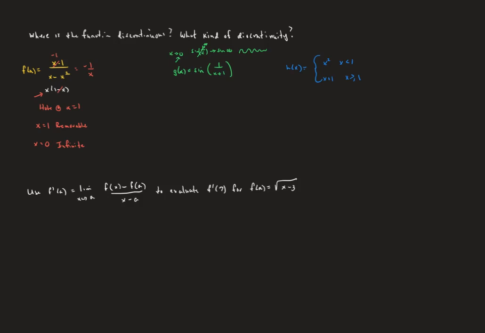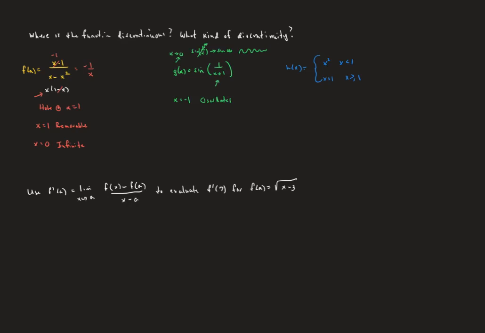So what happens with our sine of 1 over x plus 1 is that oscillation has been translated to x equals negative 1. Then that is going to be discontinuous because the limit doesn't exist, or we can just say because it oscillates, which is why that limit doesn't exist at x equals negative 1.